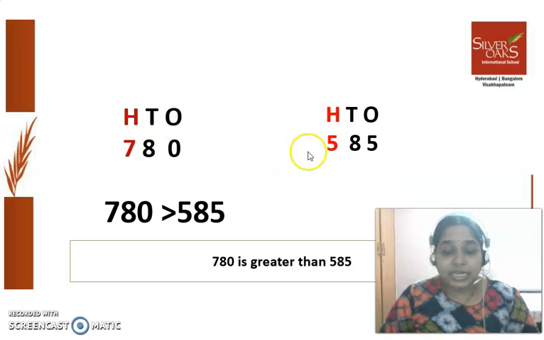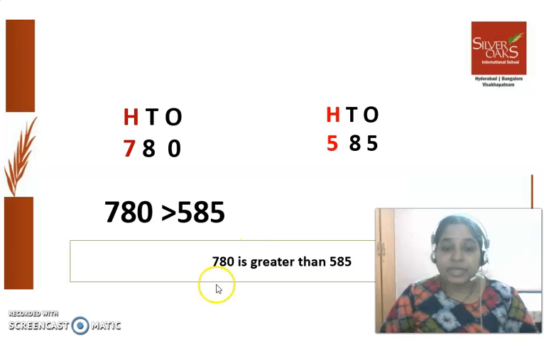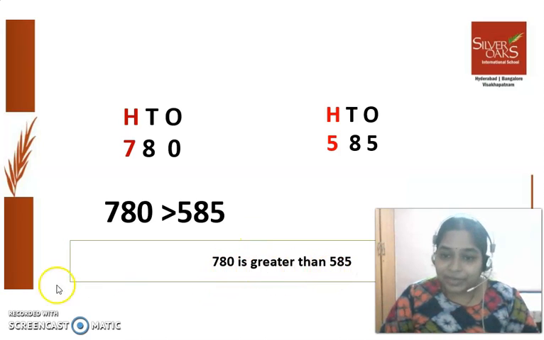So, 780 is greater than 585. If you write like this, you can read it like this, saying that 780 is greater than 585.